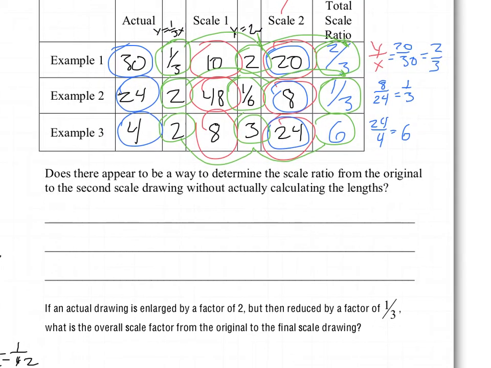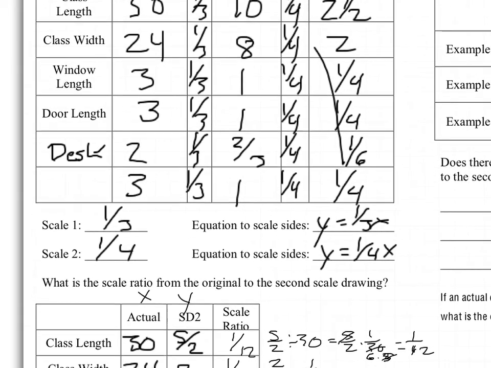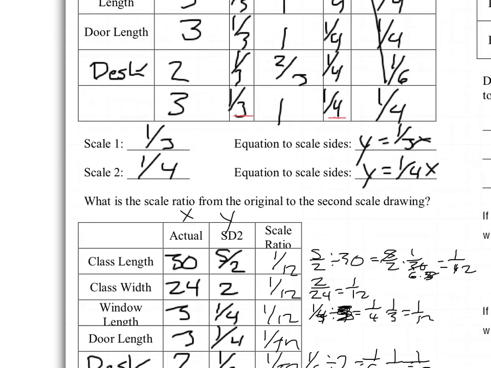So hopefully you've identified that we have 1/3 times 2 would give me 2/3, and 2 times 1/6 would give me 1/3 simplified, and 2 times 3 would give me 6. And we can see the same thing over here with our first one. 1/3 times 1/4 would give me the scale ratio that we found was 1/12.